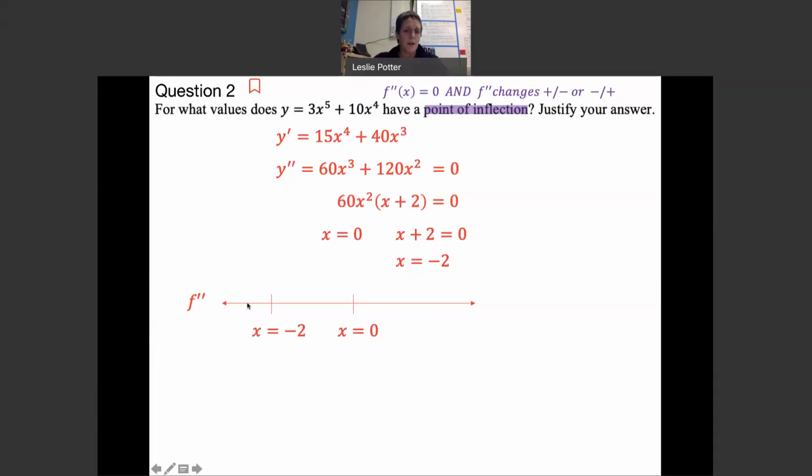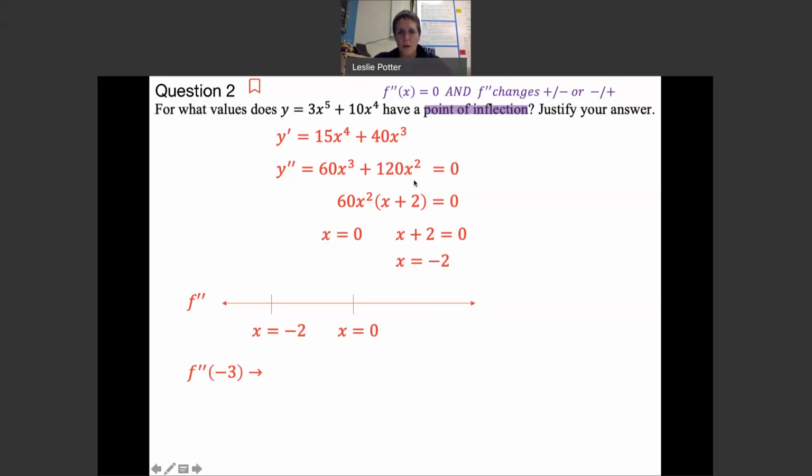So let's start out here at -3. So f double prime of -3, right? When we want to know our concavity, we need to find whether the second derivative is positive or negative. That means substituting -3 into the second derivative.